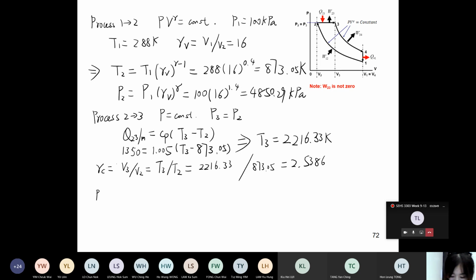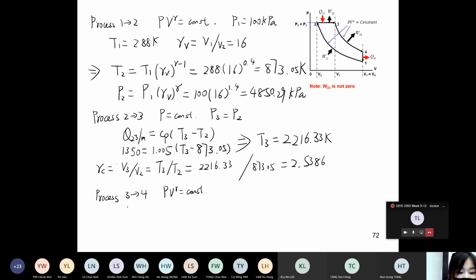For process 3 to 4, again, we have an isentropic process. So we have PV gamma equals constant, right? So we can use the relationship between the temperature and the volume.